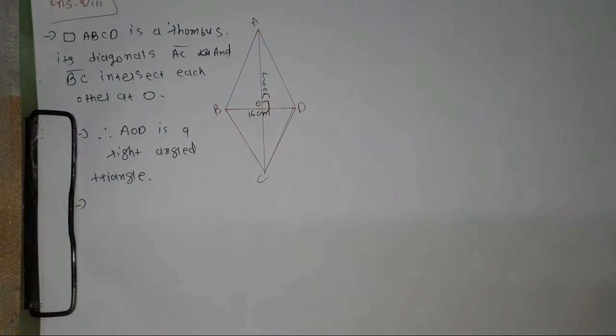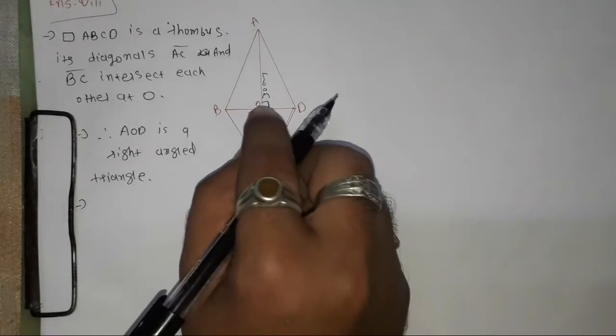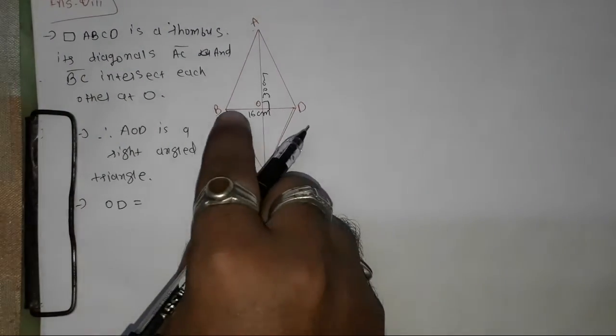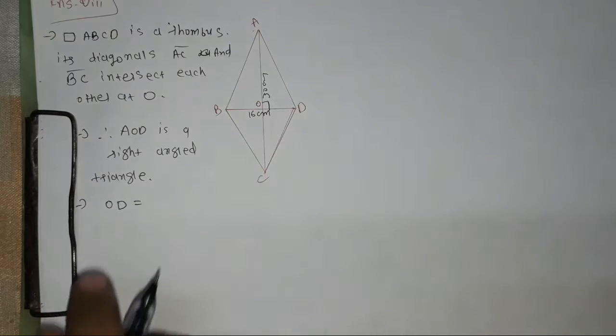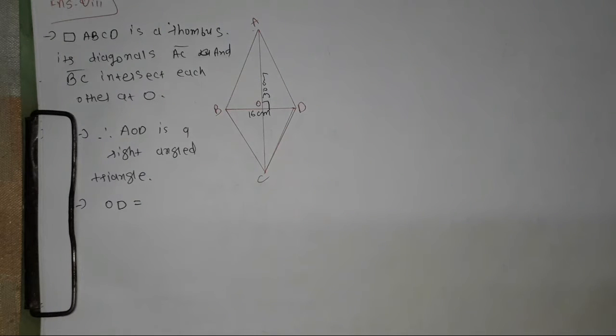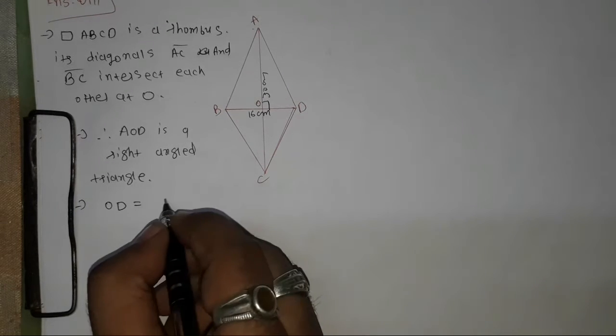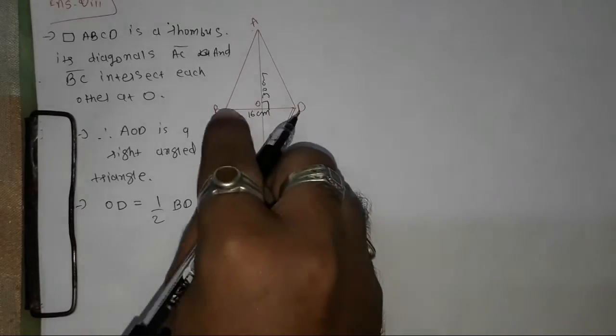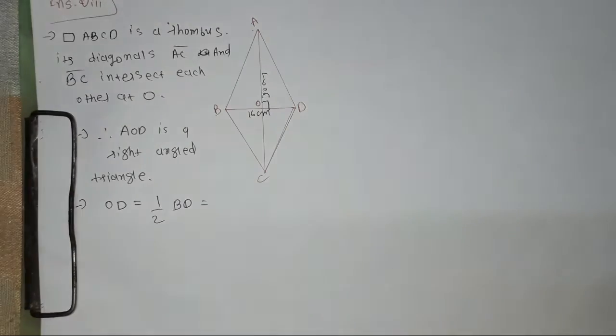For side OD, the length of BD is given, the diagonal BD is 16 centimeter. So I can write 1/2 BD. Why? Because this line is equally divided into these two parts.